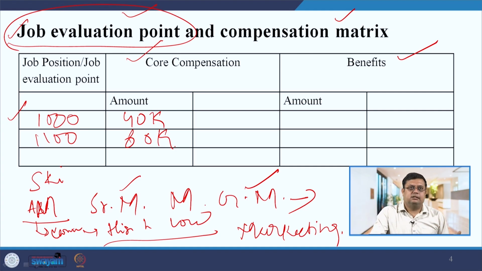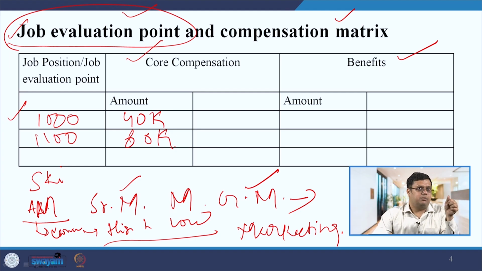What I suggest here, and we will discuss the other components of the salary also, is that whatever way you have calculated the job worth, whether it is the point method or the relative grading method, if the difference in points is very small, then you have to reduce the salary component, or you have to define for 1 point how much salary will be paid.